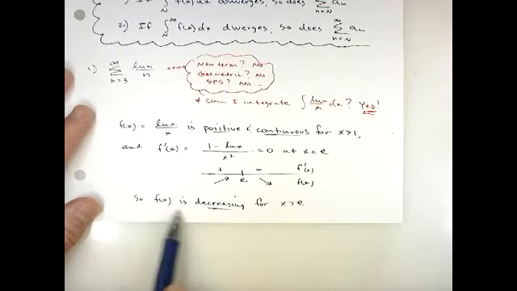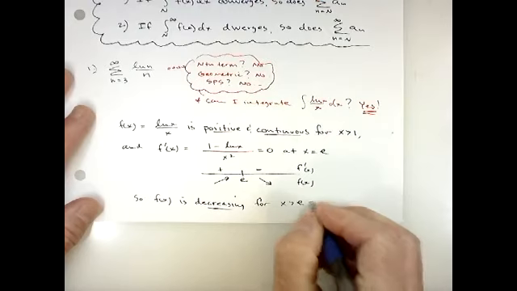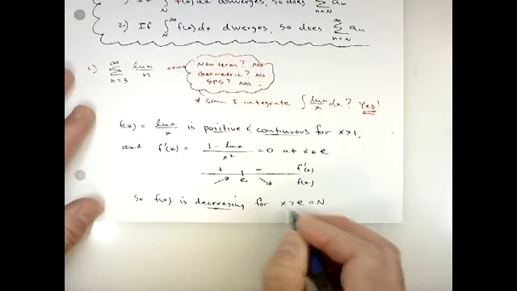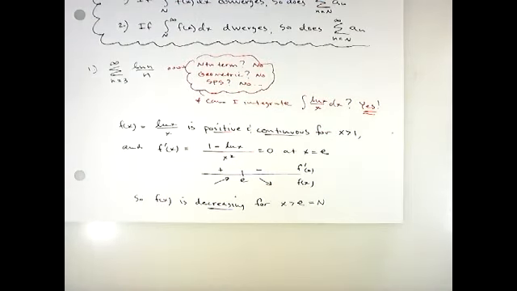So that proves f of x is decreasing for x greater than e, and that's what we mean by n. As long as it's decreasing for some positive number from then on out, then the integral test is valid to use.